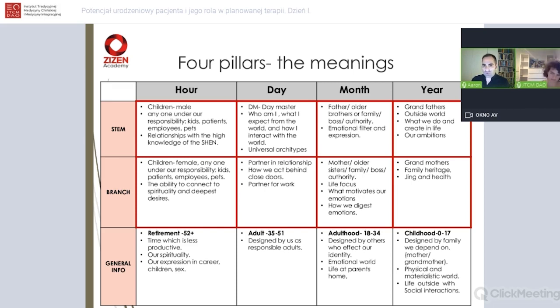According to lifetimes, or period of time in life, the month of birth is representing the adulthood time, approximately between the age of 18 to 34, which is the period of time when we are designed by others, okay, like friends that contribute to our identity building as adults.